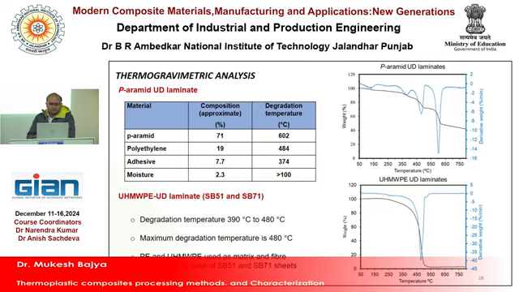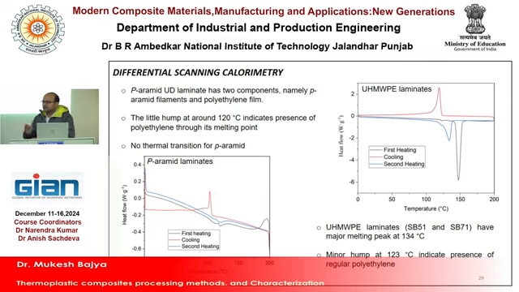Then from differential scanning calorimetry, whenever you are going to plan a process parameter in the case of compression molding, suppose that you want to fabricate the composite under compression molding, and you need to set the temperature. Blindly you can't say okay it is 130 or 140 degrees Celsius.